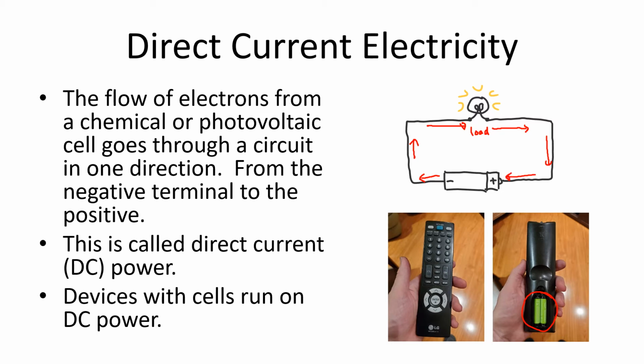And so when that is the case, the electricity is said to be direct current, which means it only flows in one direction. And so all devices that have cells run on direct current or DC power.